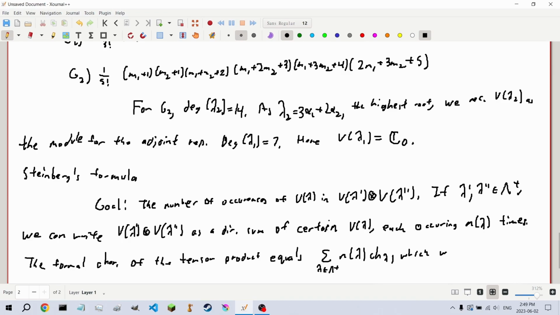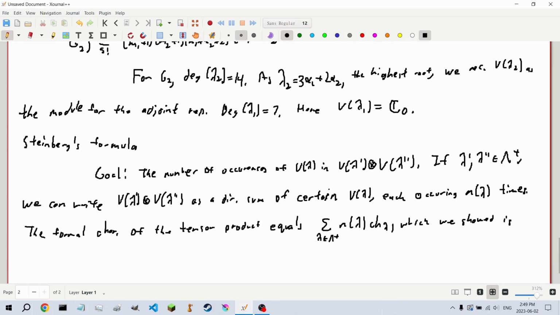Which we showed is equal to the character of lambda prime convoluted with the character of lambda double prime.